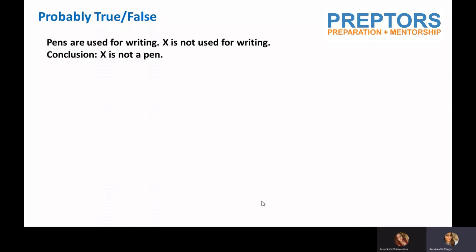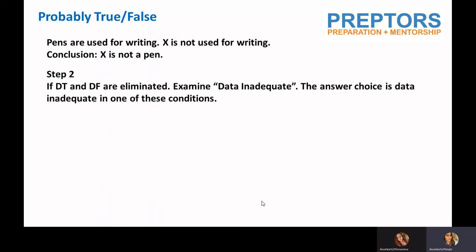Pens are used for writing. X is not used for writing. X is not a pen. So now let's evaluate this statement, right? If DT and DF are eliminated, examine data inadequate.